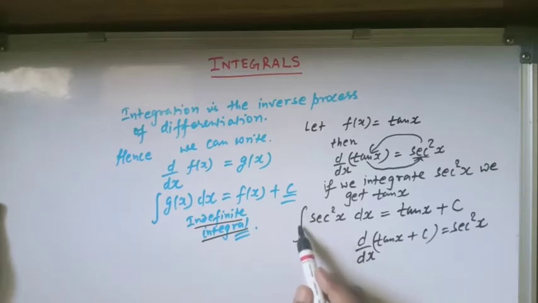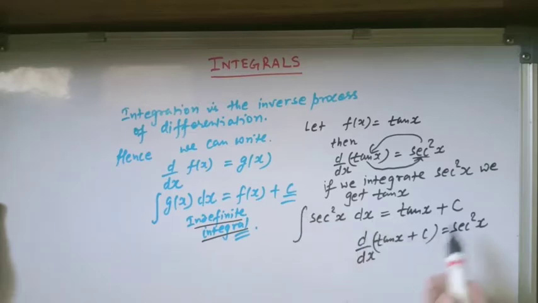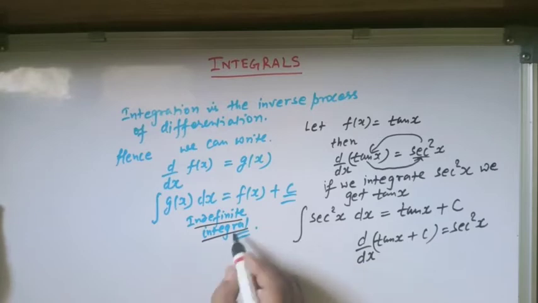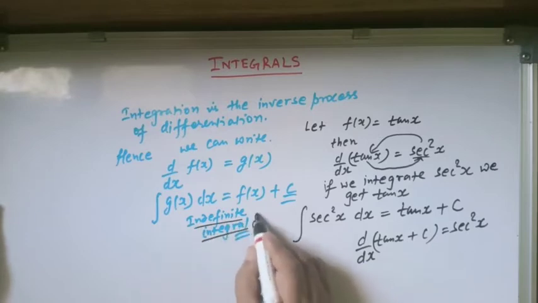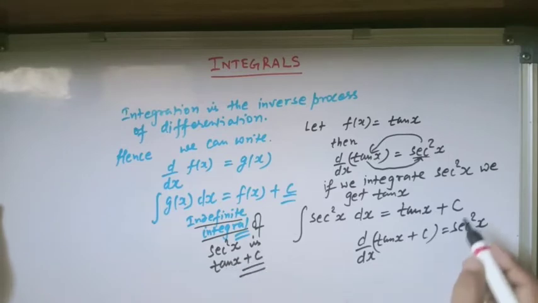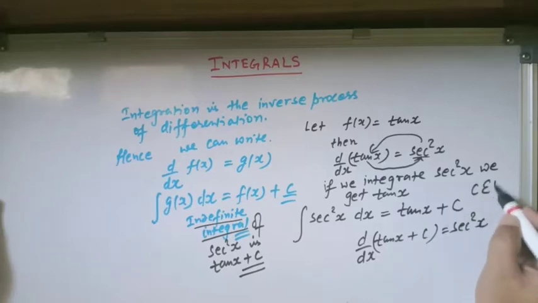So the integral of secant square x dx is tan x plus c, or in other words we can say that the indefinite integral of secant square x is tan x plus c, and this constant of integration may take any real value here. So c belongs to the set of real numbers, clear.